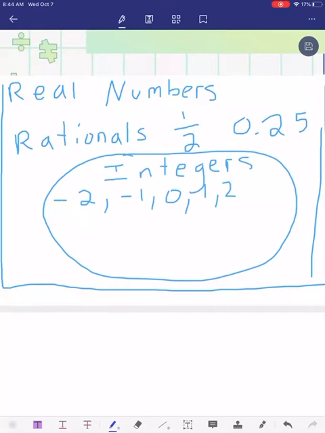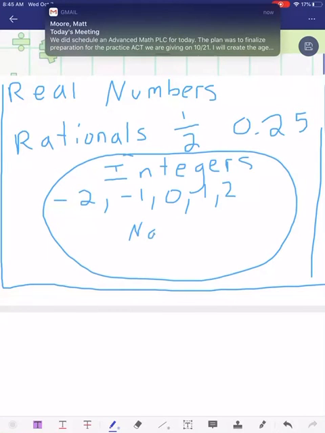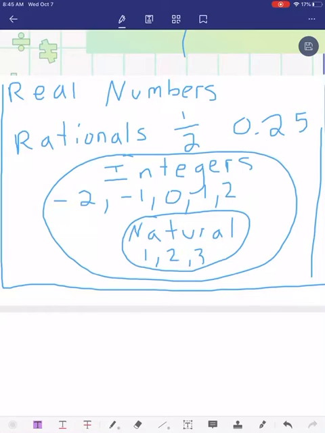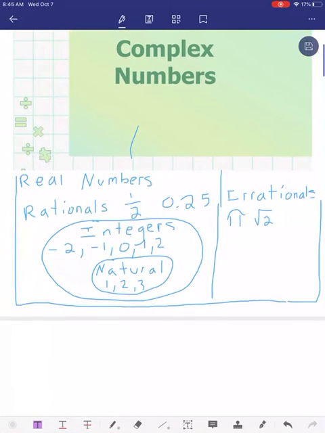And then within our integers, we have our natural numbers, which remember are just like our counting numbers: 1, 2, 3, etc. Now, the important thing to point out is that all of these are still within our real number set.